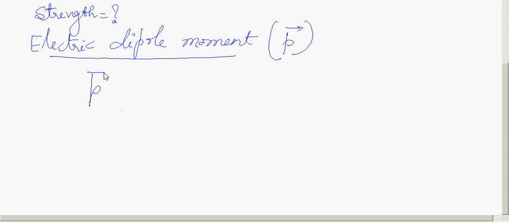P is given by q multiplied by 2a. Its SI unit is coulomb meter.